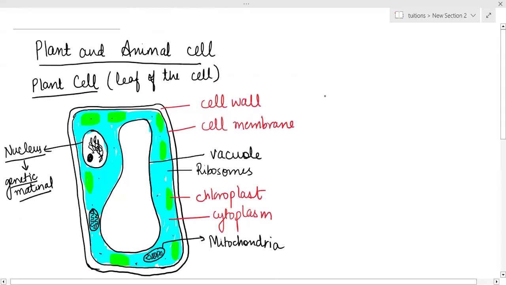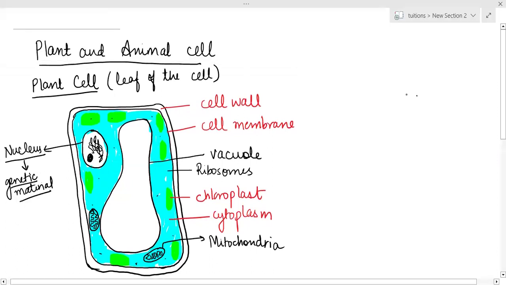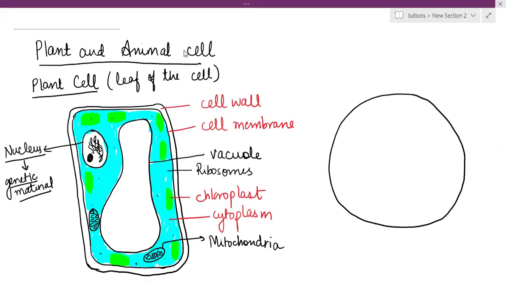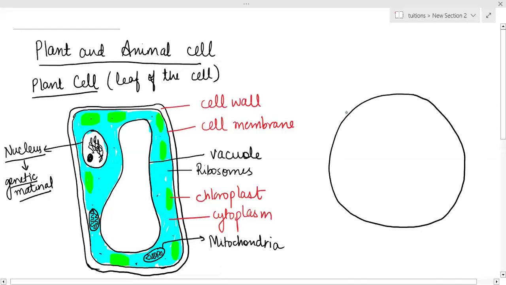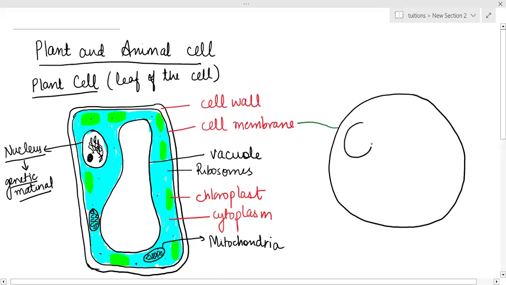Now, next we are going to have a look at the animal cell. This particular animal cell looks like this. The outermost covering is the cell membrane. Sorry, my bad, not cell wall, it's cell membrane. And then the prominent organelle, the nucleus.